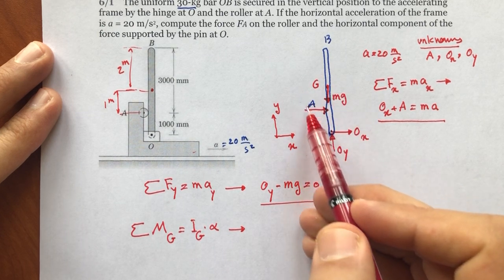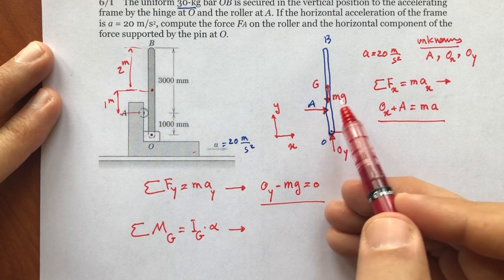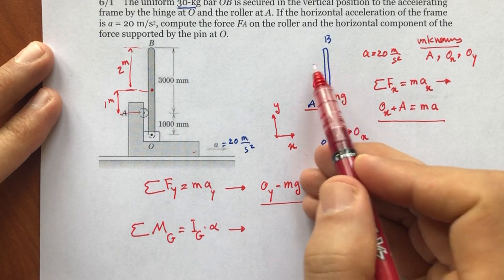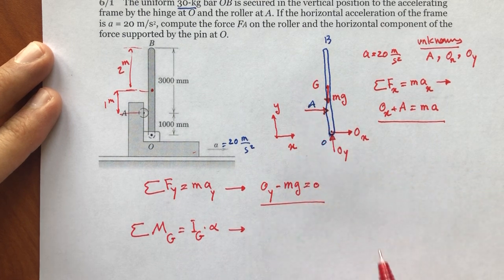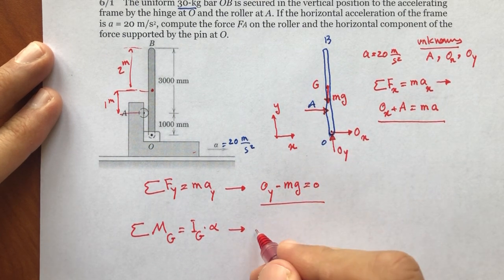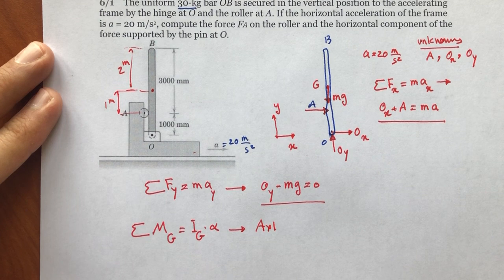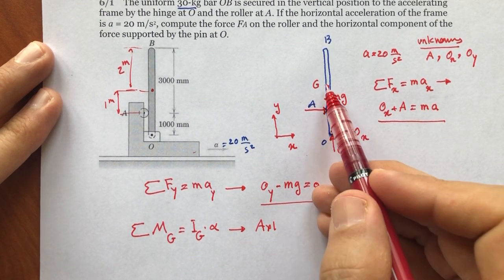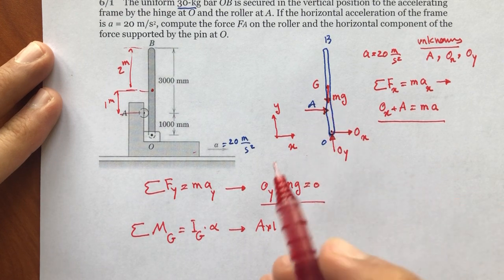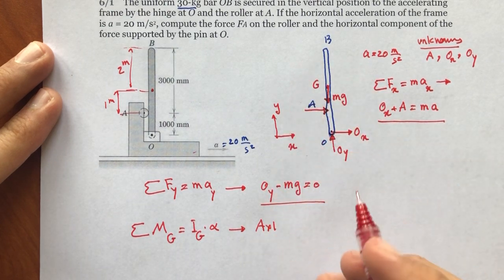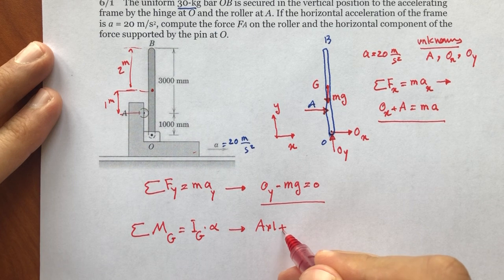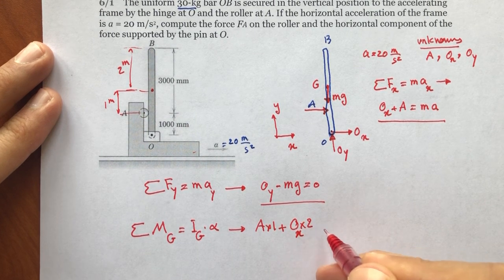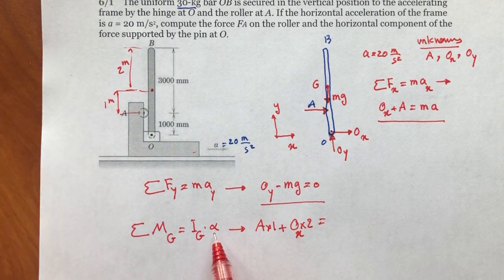And the direction of the moment using the right-hand rule, or you can simply say if you want to rotate A about G, it's going to move in counterclockwise direction. So it is a positive moment. So I'm going to have A times 1, moment of A. Moment of OX is going to be OX times the distance, which is 2. So OX times 2. And again, it is making a positive moment.